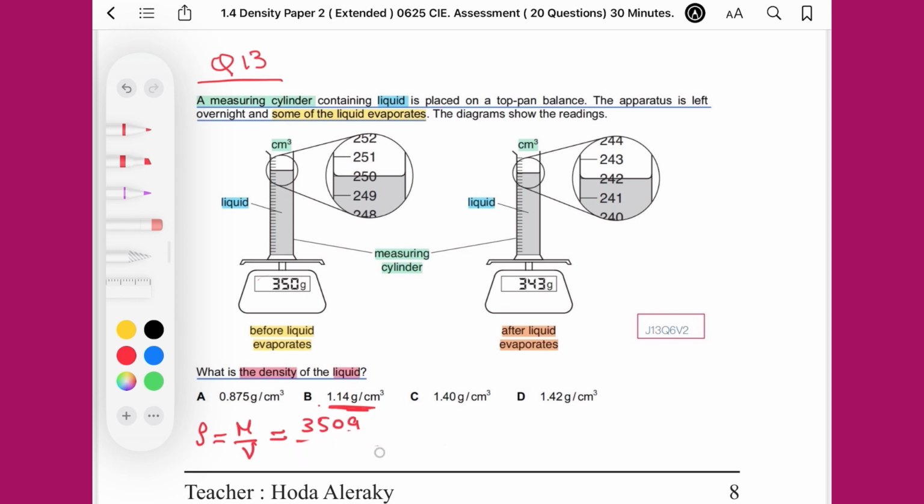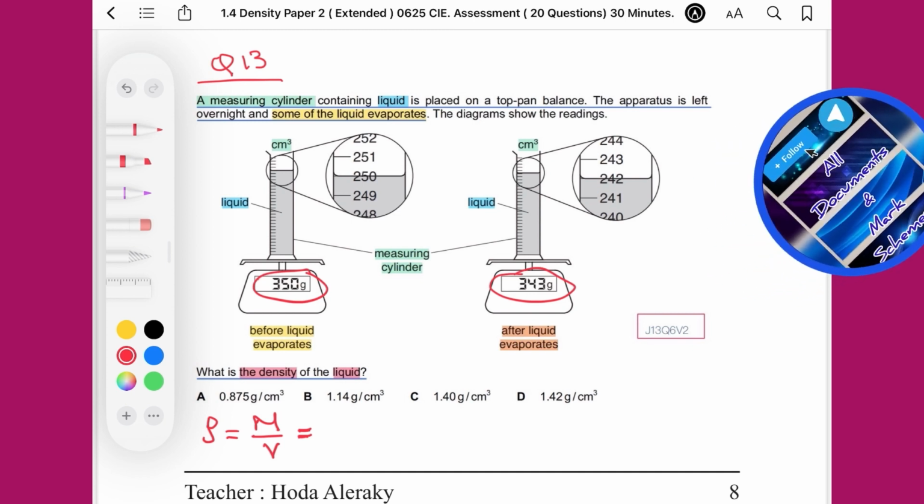You have to find the mass of the liquid only and the volume of the liquid. So you have to substitute density is equal to mass divided by volume. When you subtract the two readings of the balance, you will find the mass of evaporated liquid.